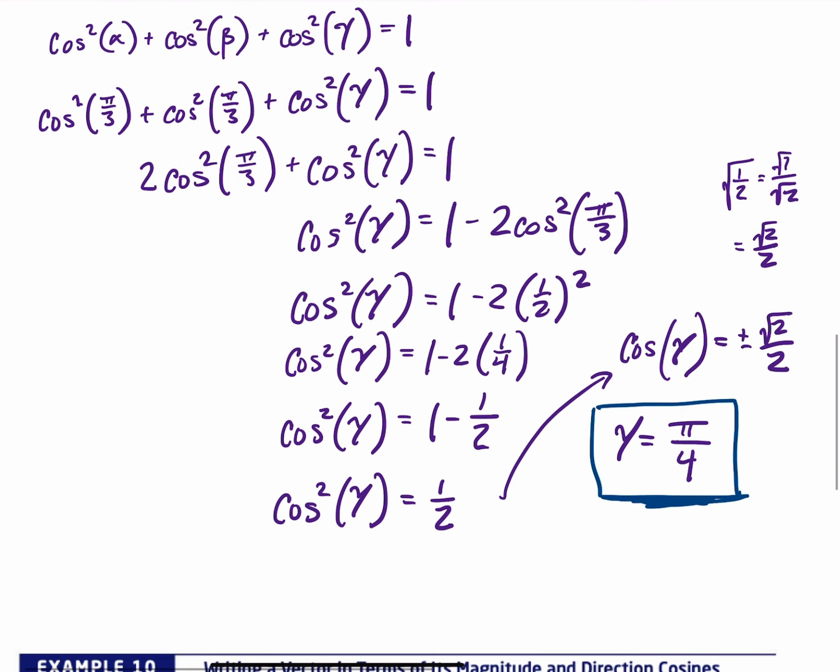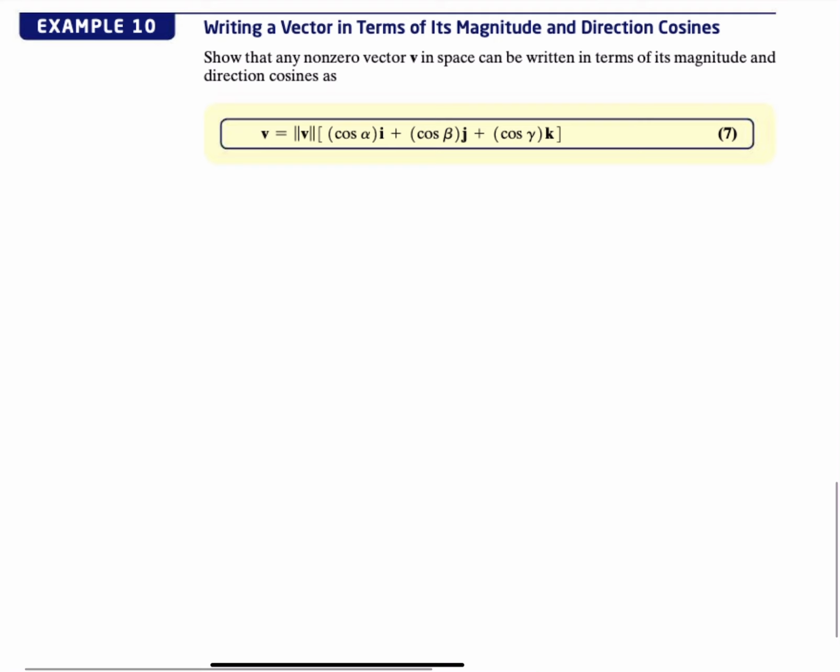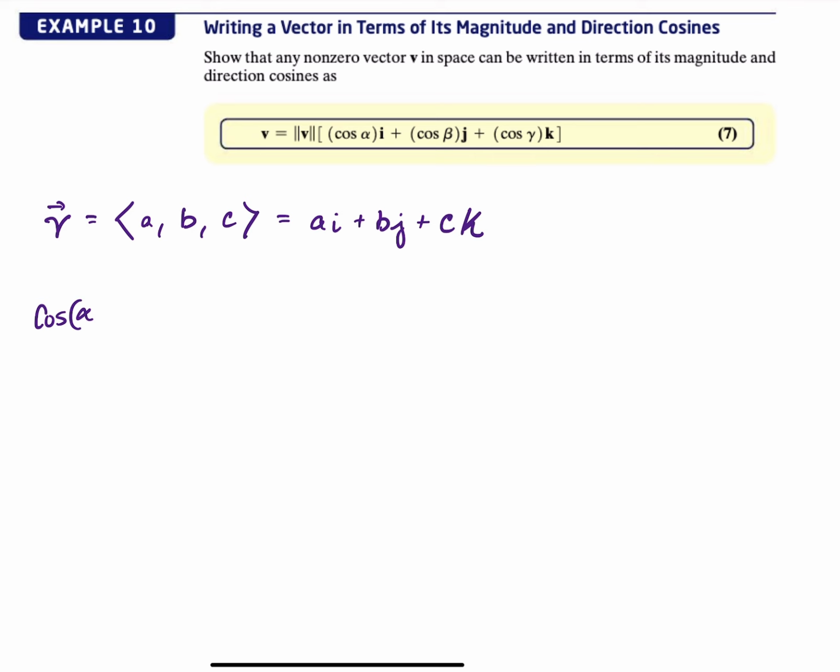All right, and we can also write a vector in terms of its magnitude and direction cosines. So if our vector v is <a, b, c>, or ai plus bj plus ck, we had said that the cosine of alpha was the a component divided by the magnitude of the vector.